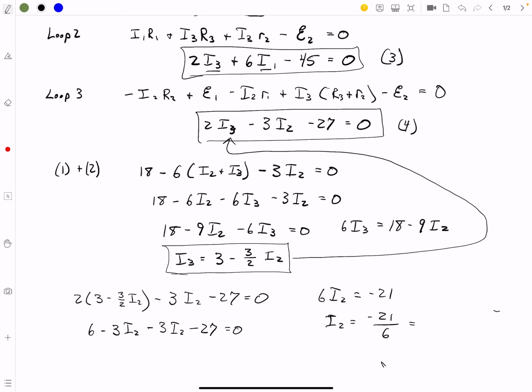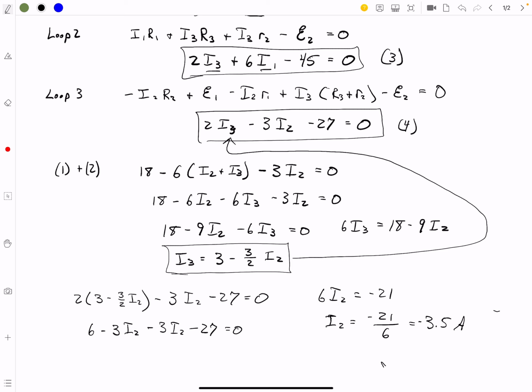And 21 over 6 amps is 3.5 because 6 goes into 18 3 times, and then you have 3 left over, which is a half of a 6, so 3.5 amps. Okay? But it's negative.